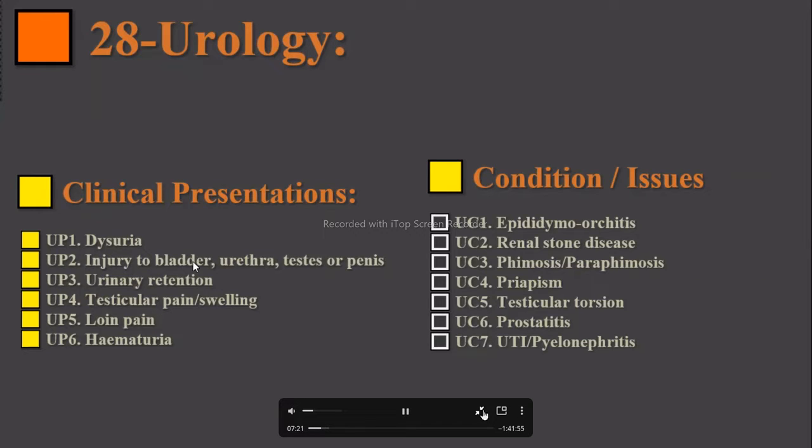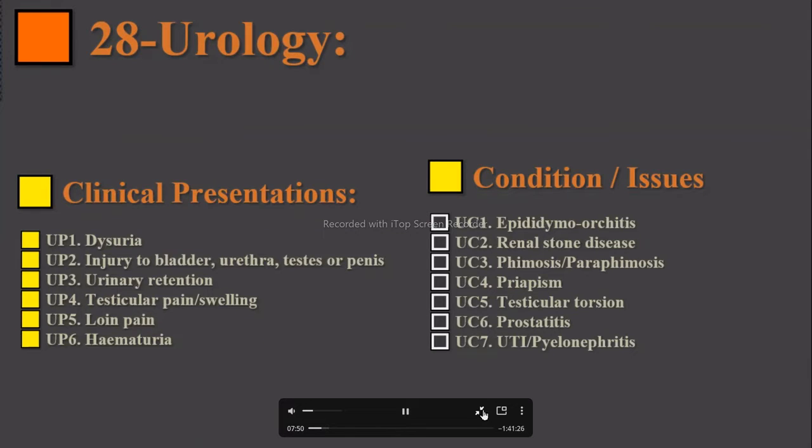Injury to bladder, urethra, testis, penis. So what is your management here, guys? Regarding, for example, bladder, urethra, testis, penis, what do you think? It could be testicular torsion, and according to the diagnosis.